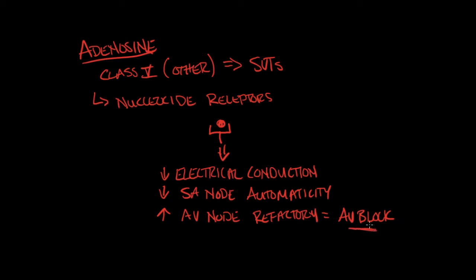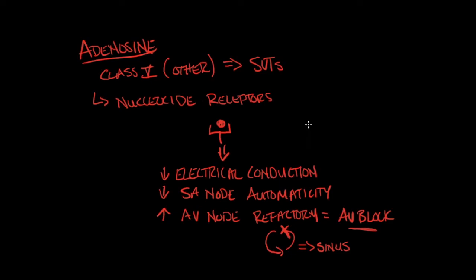And this AV block will hopefully give us a pause in this rapid cycle that we're having of this SVT. And if we can get this to pause, hopefully we can get this cycle to stop, and then we can have a return to a regular sinus rhythm.